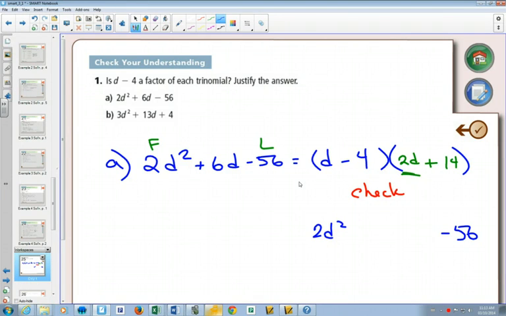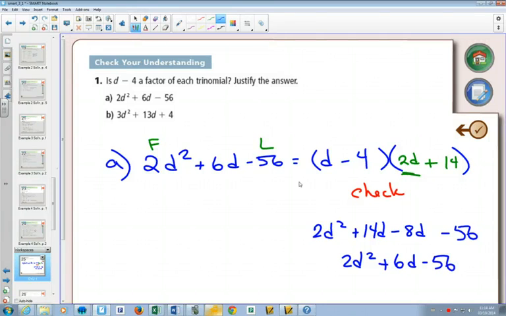But when I look at my outside, I get plus 14d. When I look at my inside, can you see that I'm going to get minus 8d? And then if I subtract them, I get 2d squared plus 6d minus 56.